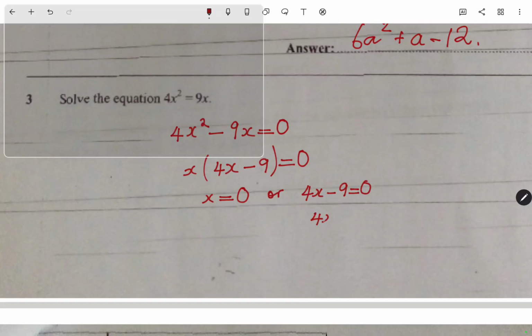So this would be 4x is equal to 9, over 4 over 4. This and this will divide. x is equal to 2, remainder 1, over 4. So x is equal to 2 and a quarter.